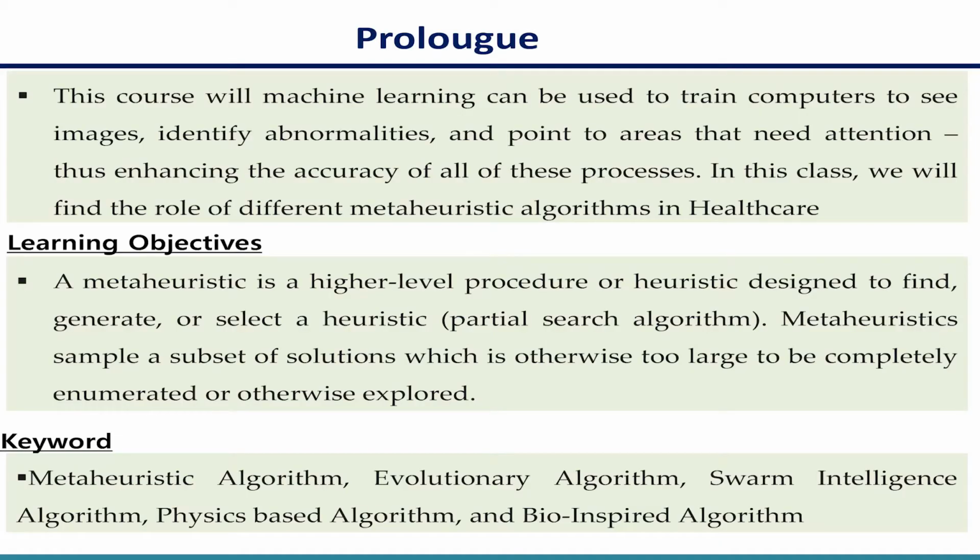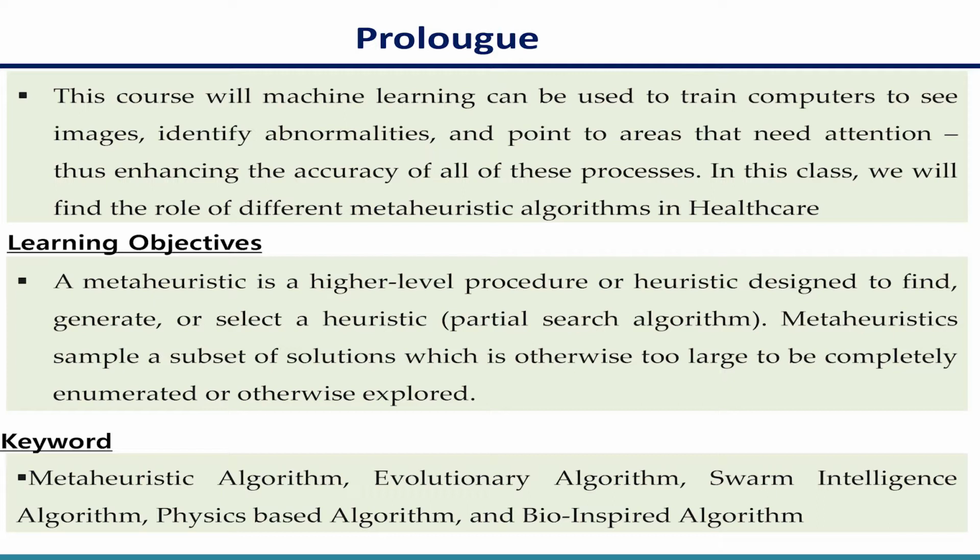In this course we talk about how machine learning can be used to train computers to see, identify abnormalities, point them out and flag what needs attention, thus enhancing the accuracy of all processes. In this class we are going to talk about multiple types of metaheuristic algorithms used in the healthcare system.